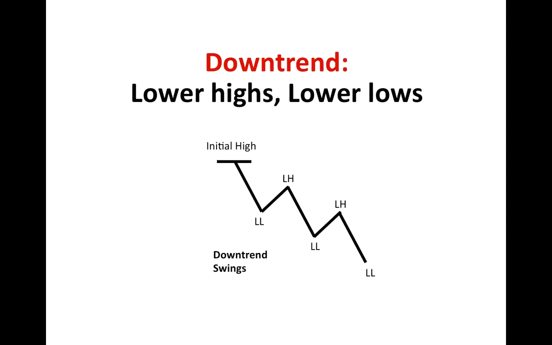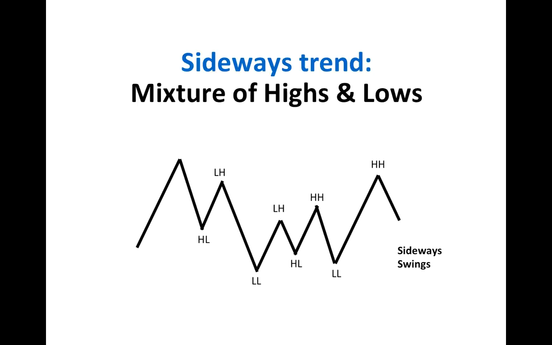So similarly, if you look at the downtrend, it forms lower highs and lower lows. So this is the initial high. You can see that it forms a lower low here, a lower high, which is lower than this high, and a lower low, right? So this low is lower than this low, right? So it forms a zigzag movement that is moving downwards. Now, if prices are moving sideways, you will see a mixture of highs and lows.